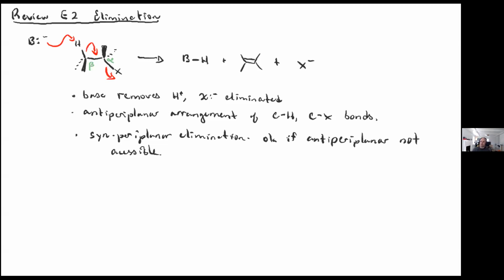The orbital overlap is not as good, and so the activation energy is higher. Therefore, if you can do an anti-periplanar elimination, that is going to be the favored pathway. But syn does occur, so let me give you one quick example to drive home the point. We've seen these types of bicyclic systems in the problem sets.